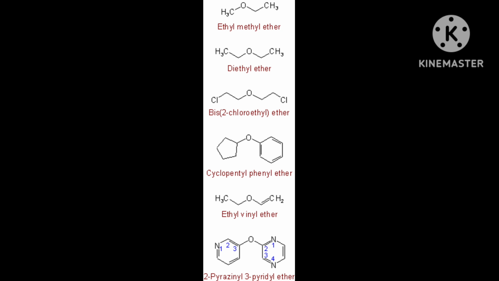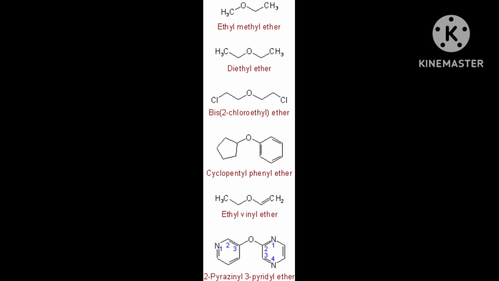A smaller group will attach. Always remember, its name will come first. CH3O is attached with carbon number 2, hence its name will be 2-methoxy propane. Okay. You can also tell 2-methoxy propane.